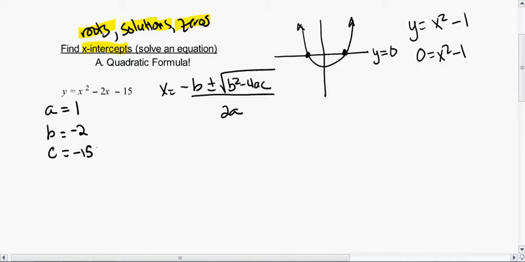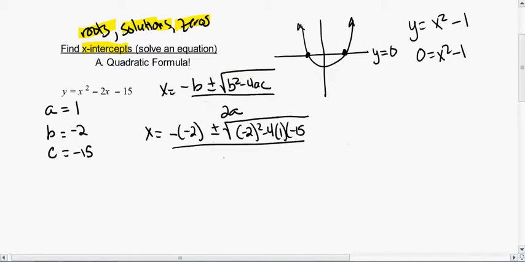And now we'll just plug all that stuff into the quadratic formula. So x equals the opposite of -2 plus or minus the square root of -2 squared minus 4 times 1 times -15, all over 2 times 1.